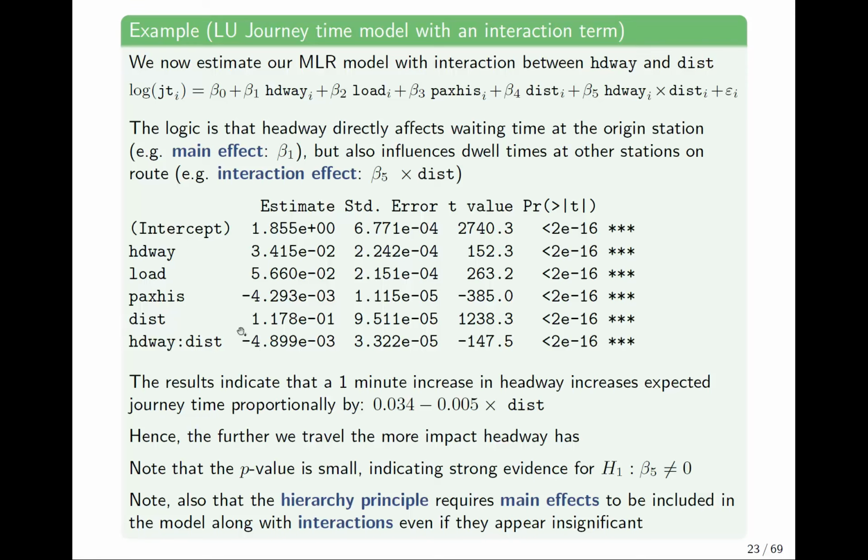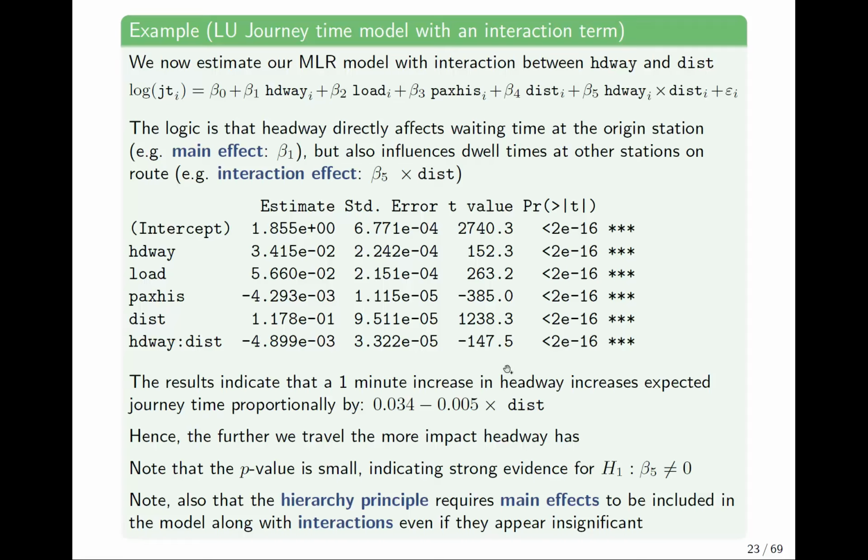So here we have our results. This is the result on the interaction term. The coefficient on headway is 0.034. And the coefficient on the interaction between headway and distance is minus 0.05 approximately. So what this is telling us is that a 1 minute increase in headway increases expected journey time proportionally by 0.034 minus 0.05 times distance.